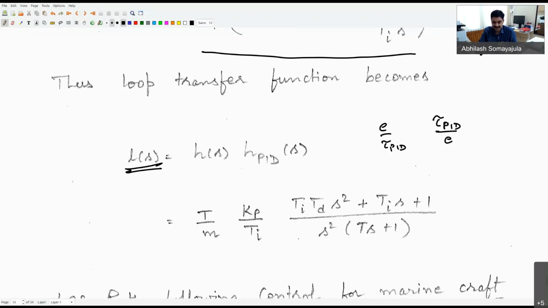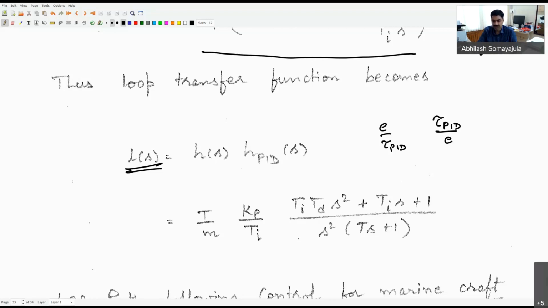Okay. And basically this loop transfer function will also define the bandwidth of the system. You remember, the bandwidth is specified in terms of what is happening to the loop transfer function. Where the loop transfer function reaches its value of 1 by square root 2, that is the value which we specify as the bandwidth of the system.